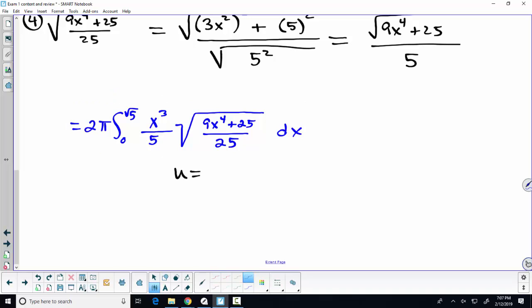Maybe before we let u equal whatever it is, take our constants out. And we'll let u equal 9x to the 4th plus 25.